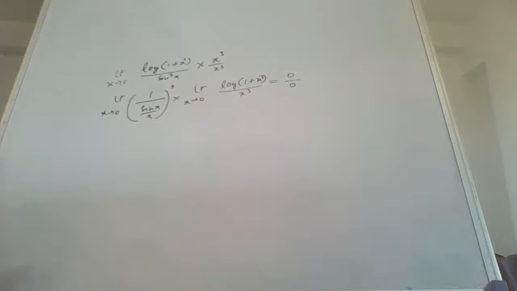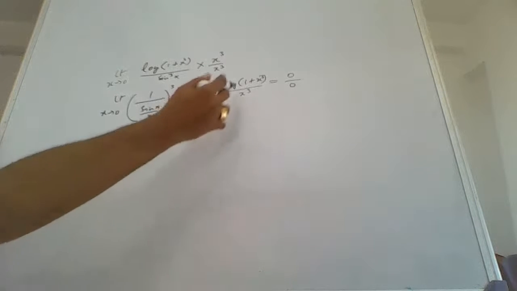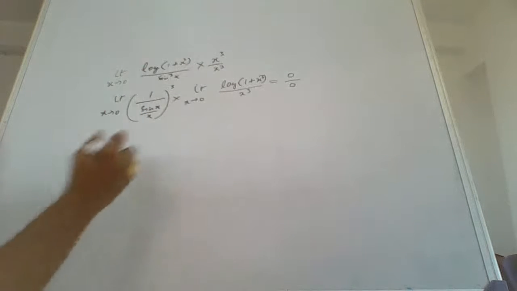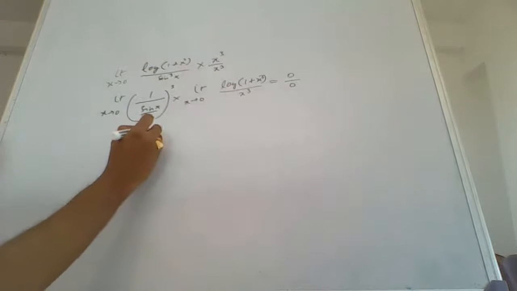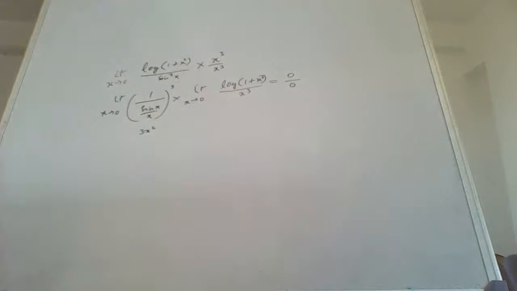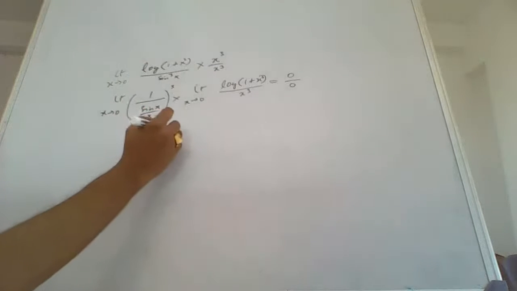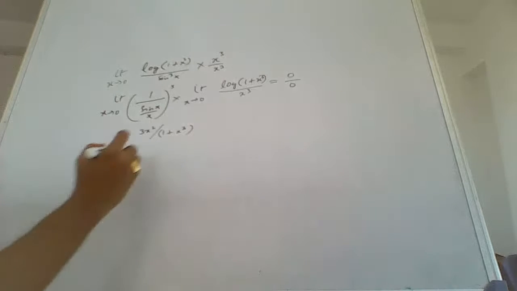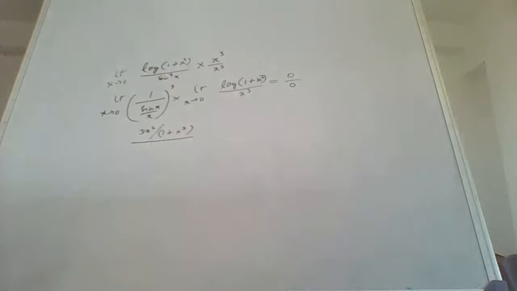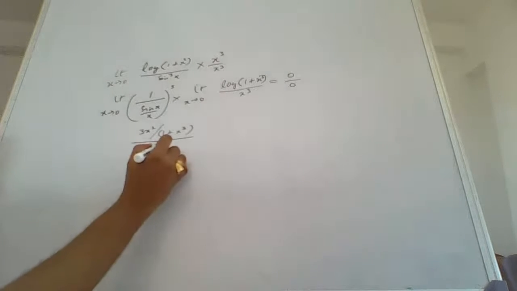Now again, let us find the differentiation of this. The differentiation of x cube would be 3x square, and the derivative of log is 1 by (1 plus x) cube times the derivative of the inside, divided again by 3x square.